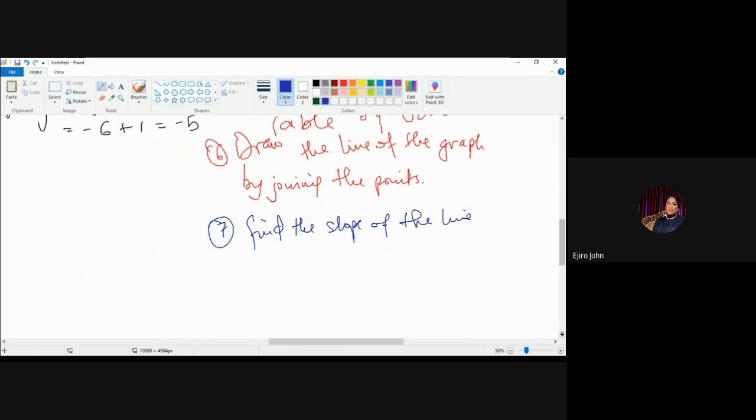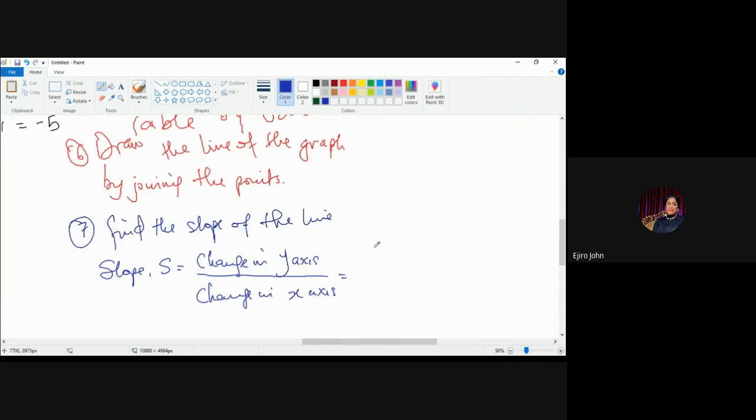Now, this slope S is equal to change in the y-axis all over change in the x-axis. This is the symbol for change. How do you find the slope?